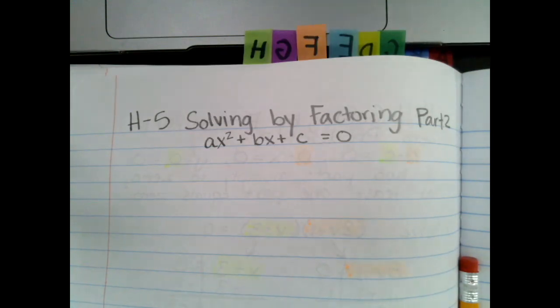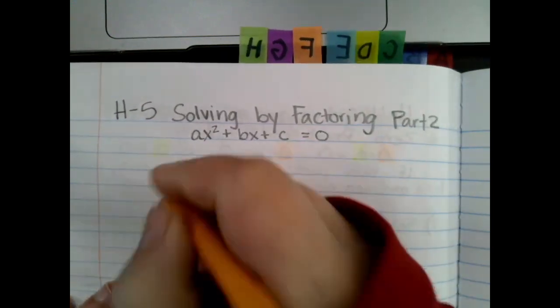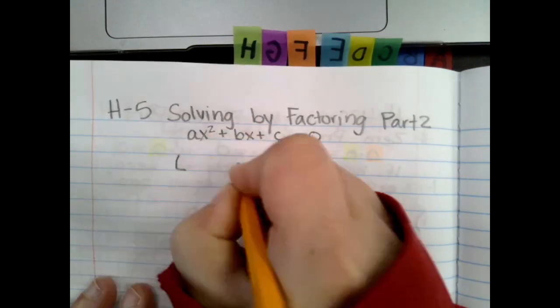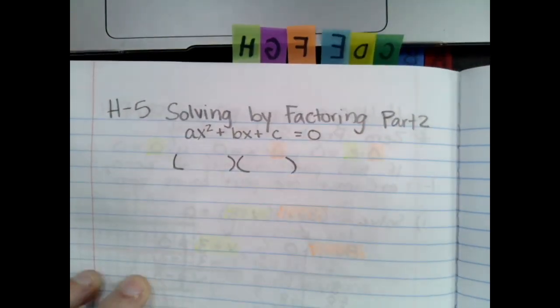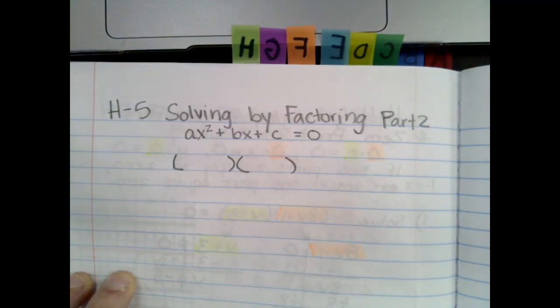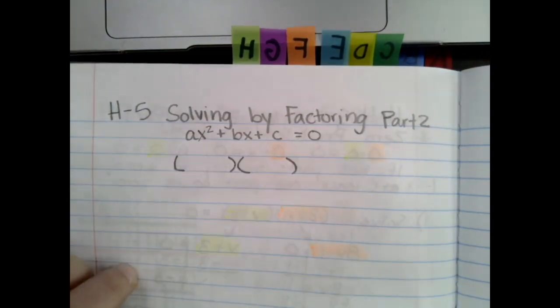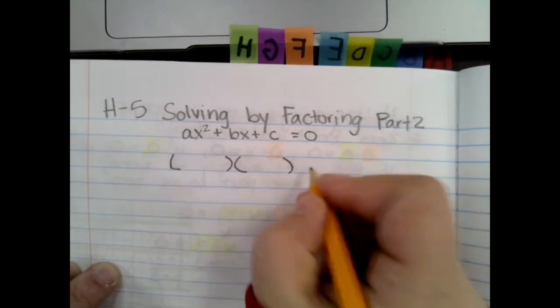The idea of factoring is that we want to get it into those two parts, where we have one thing and one thing. That was our whole goal of factoring. And then it equals 0.